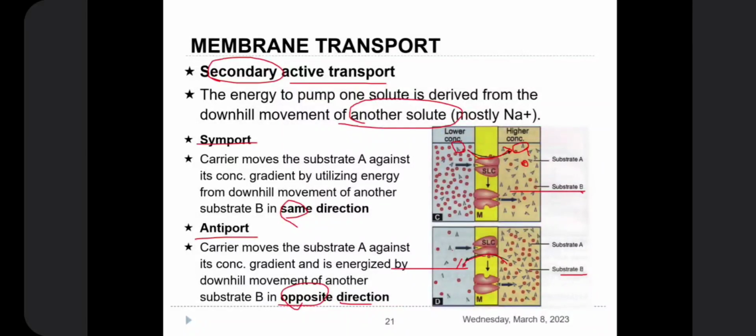So the first figure is symport, and the second figure is antiport.